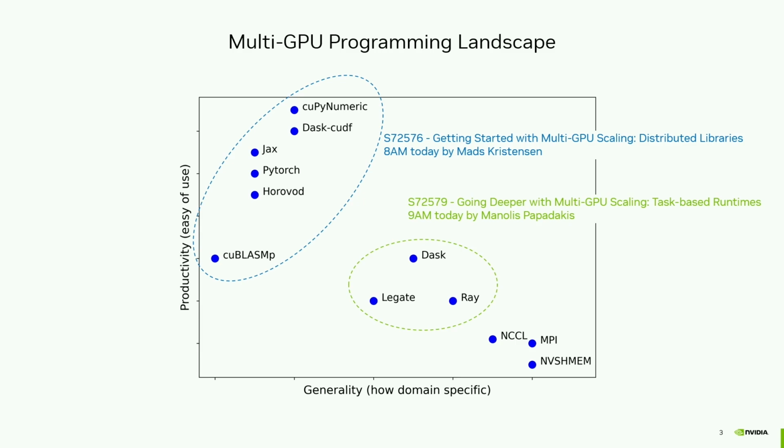Then just before this, Manolis talked about the task-based runtimes that are used to build the higher-level libraries Mats has introduced before. And now I'm going down in productivity and up in generality, talking about advanced multi-GPU scaling with communication libraries. So what's used by all of this to actually carry out the data movement needed when you program multiple GPUs.